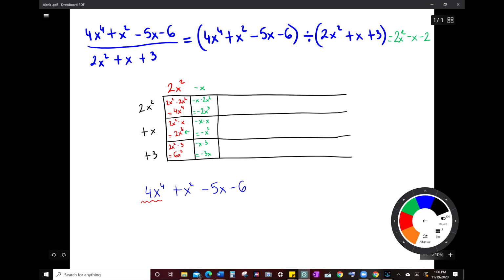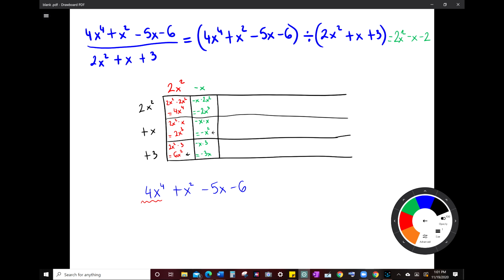And now I need to double check. I don't have any term in x cubed anymore. However, these two, 6x squared and negative x squared.